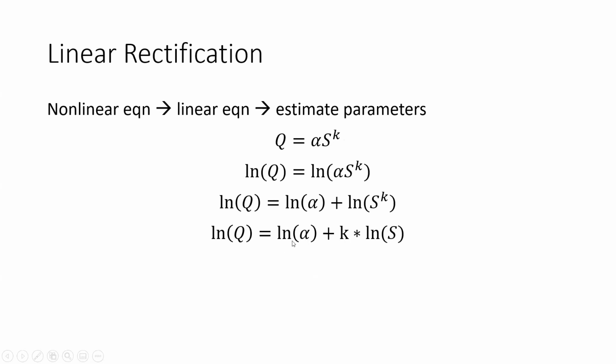And the alpha value started as a constant, and all we did was take the natural log of it, so it's still a constant now. Basically, what I've just explained is why that second line from the bottom fits the linear form y equals mx plus b, where ln of q is y, ln of s is x, k is your m value or your slope, and ln of alpha is b or the y-intercept.